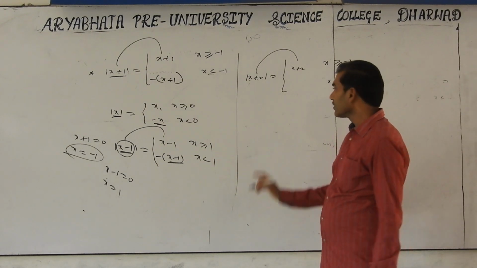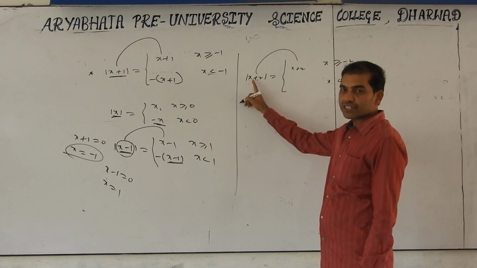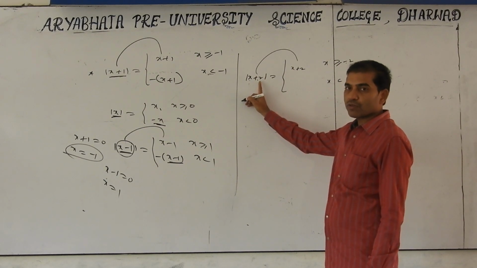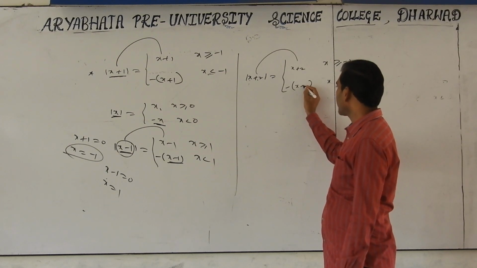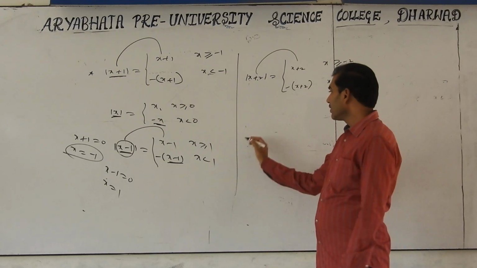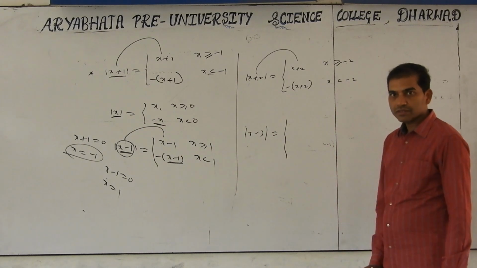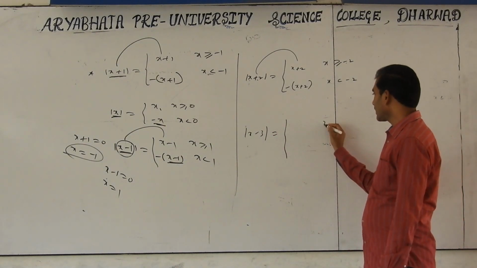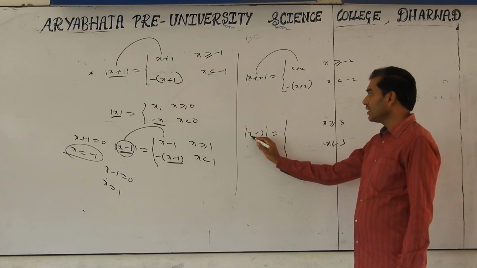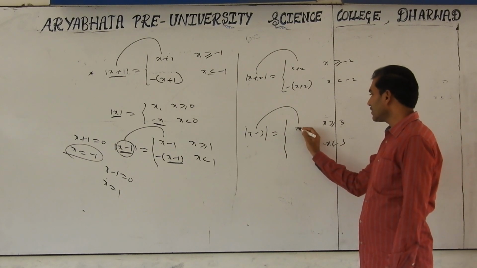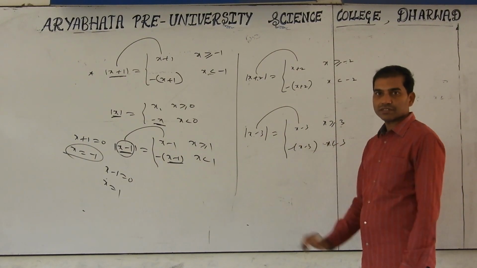If it is negative, below minus 2, if you take minus 3 plus 2, minus 1. Minus 4 plus 2, minus 2. So it is negative. So minus of x plus 2. Mod of x minus 3, changing at what point? Plus 3. So x is greater than 3, x is less than 3. If above 3, it is positive, then x minus 3. Below 3 is negative, so minus of x minus 3. Like this.